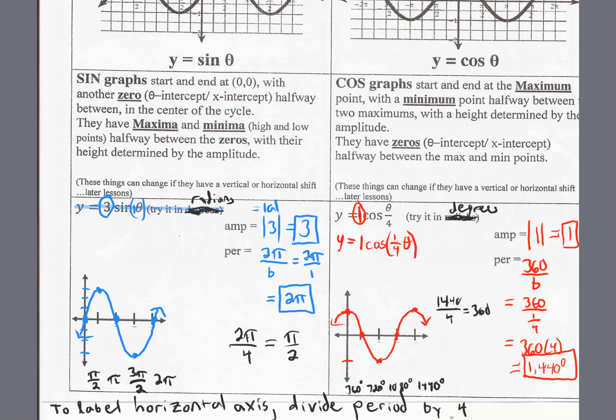And then you hit window and change x min to 0. X max should be 1440. And then your y min is -1, and your y max is 1. And then you hit graph, and the graph should look very similar to the one you have on your notes. Oh, yeah, it looks the exact same. Okay, thank you.